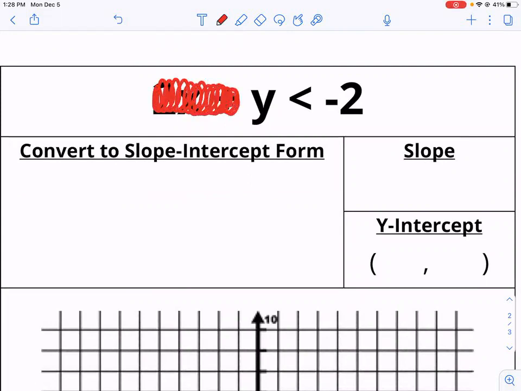This is the problem I would like to do. So this is actually going to be the first kind of problems I actually have you do in your homework when you go to graph.